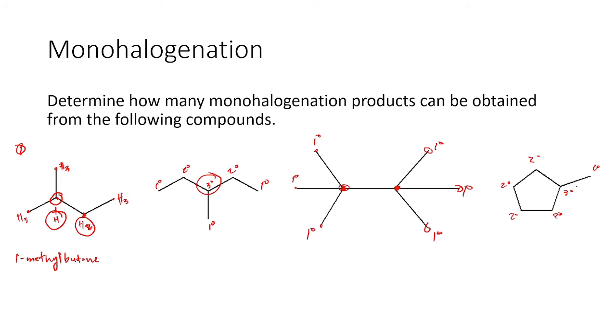So for this one, itong ating 1-methylcyclopentane, ang mangyayari lang dito actually ay karamihan ay dito magbabond sa carbon na to kasi siya yung tertiary carbon, ibig sabihin siya yung may tertiary hydrogen. Okay.